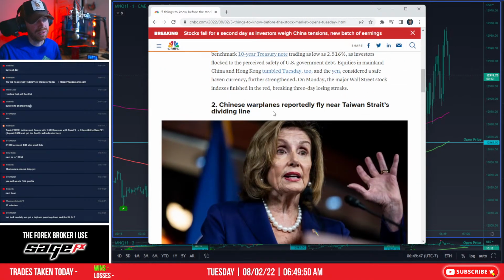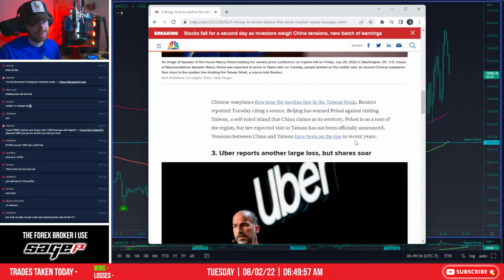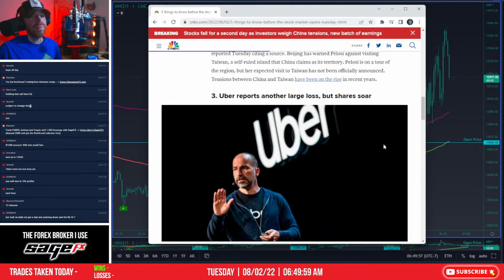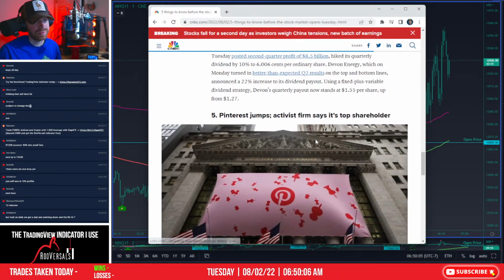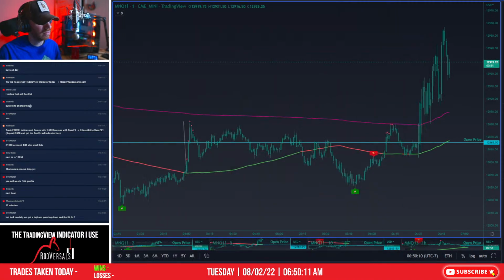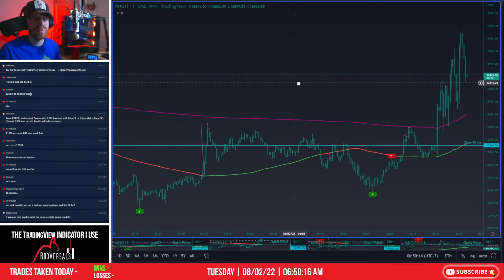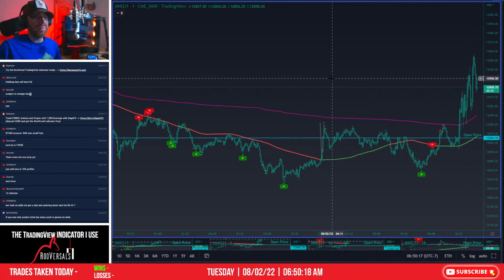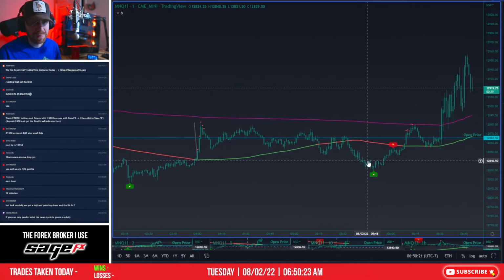Alright, what's the second one? Chinese warplanes reportedly fly near Taiwan. Uber reports another large loss, but shares soar. There was about a 5-minute cushion fill before price reversed too.